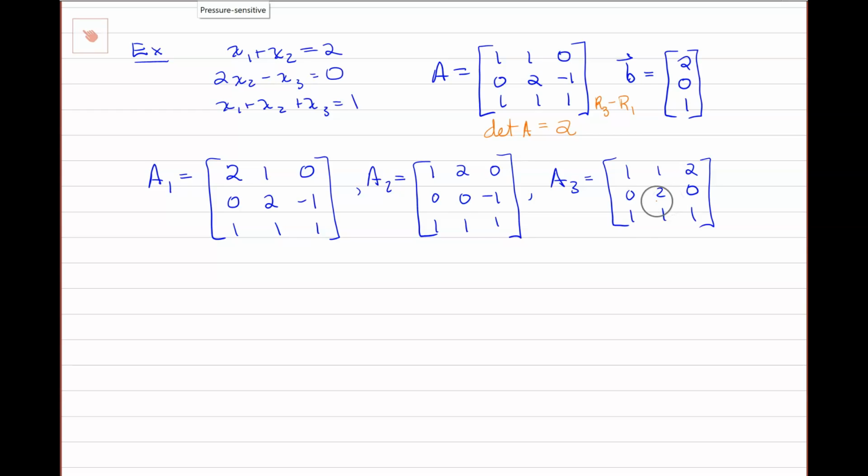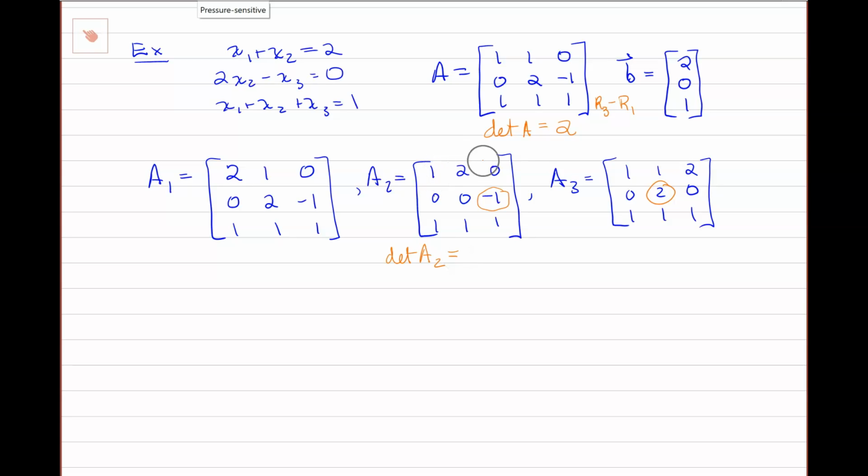For these matrices, A2 and A3, they each have a row that's got 2 zeros in it. So I can do cofactor expansion along that second row, and I'll be able to get the determinant right away. So the determinant of A2 is going to be, let's see, I have to go through that checkerboard in my mind.